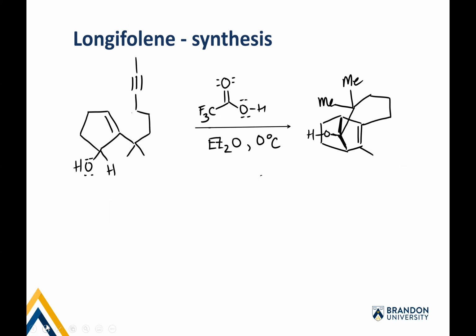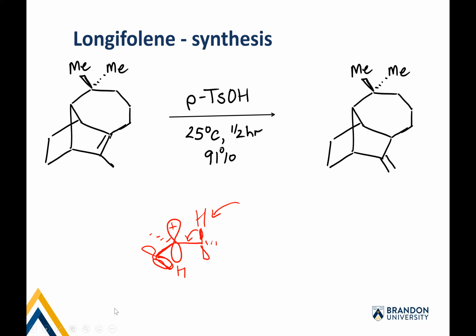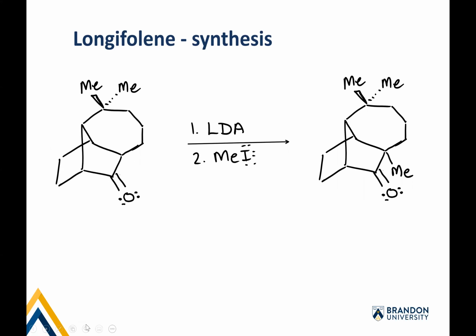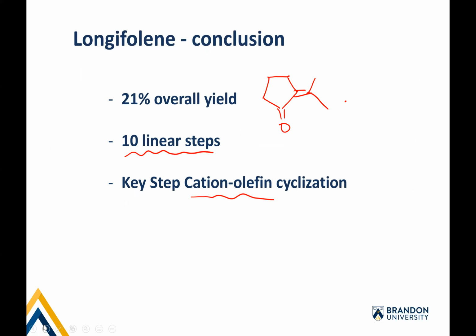This is the cationic cyclization, a new reaction we haven't seen before, which was interesting. Migration of a double bond, oxidative cleavage of an alkene using some reagents, the ruthenium we certainly hadn't seen before. And then back to some enolates, 1,2 addition, and then a dehydration. So it's a fun little synthesis, and there was some fun chemistry to talk about.